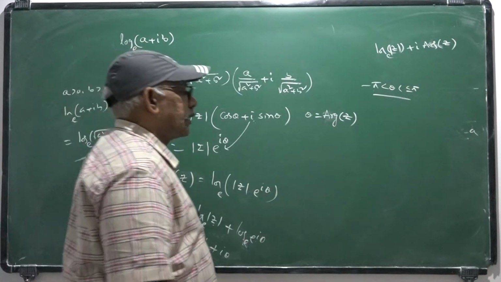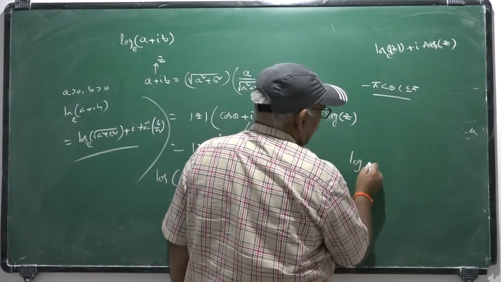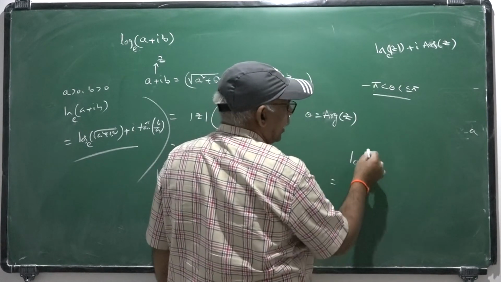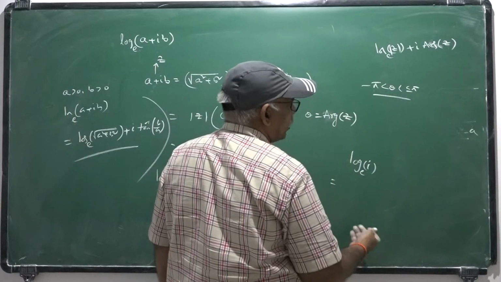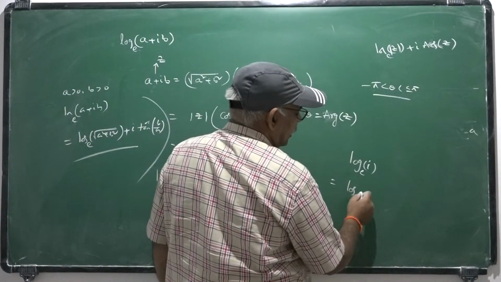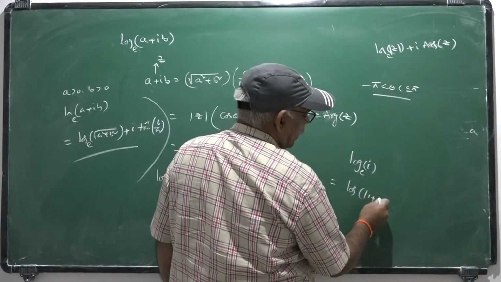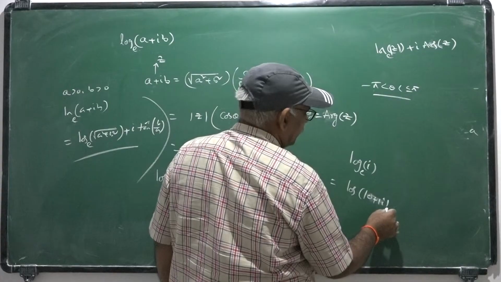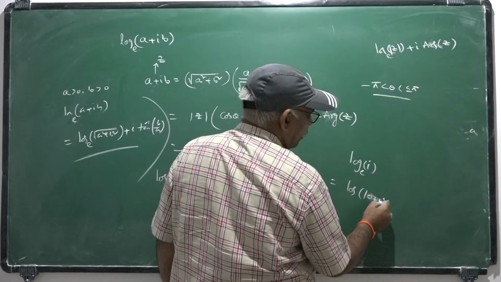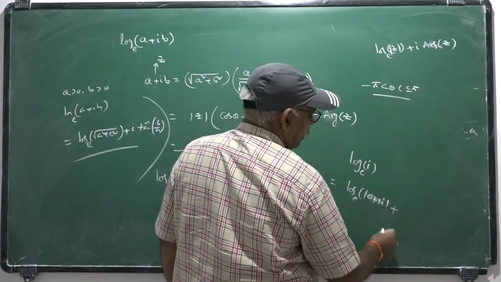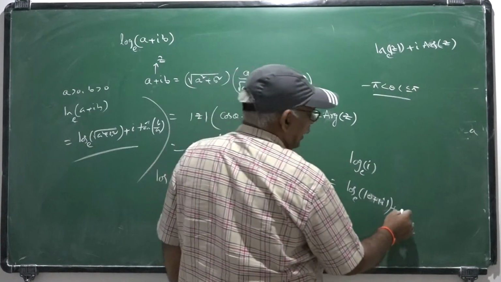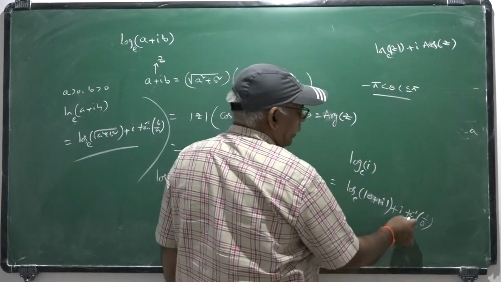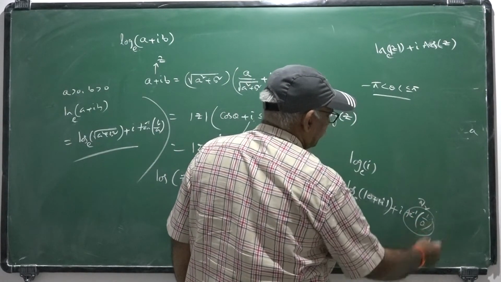Let us consider log i to the base e. Here a equal to 0, b is 1. So this is log of modulus of 0 plus 1 i to the base e plus i into tan inverse of b by a, that is tan inverse of 1 by 0, tan inverse infinity, pi by 2.